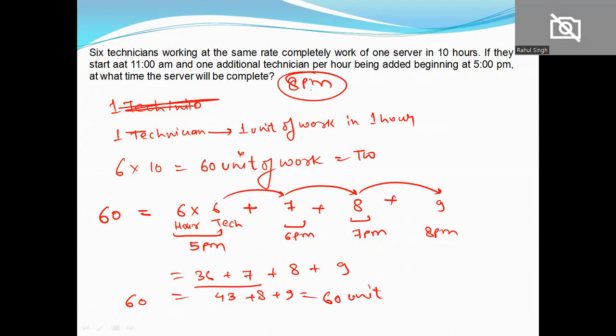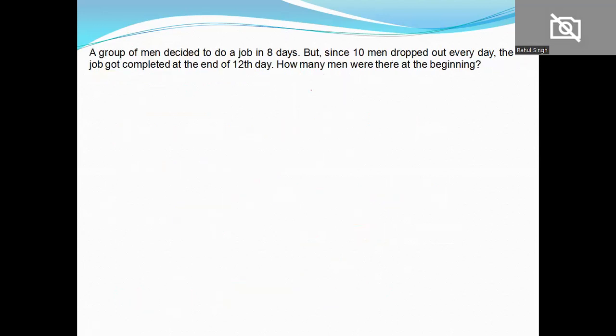Okay, let's take another question, which I think was again asked in CAT. A group of men decided to do a job in 8 days, but since 10 men dropped out every day, the job got completed at the end of the 12th day. Now imagine that initially there were m men. If m men can do the job in 1 day, that's the total work of 1 day.